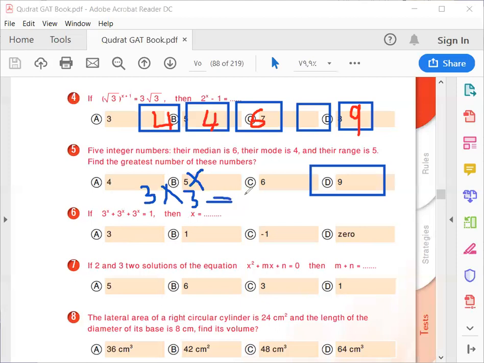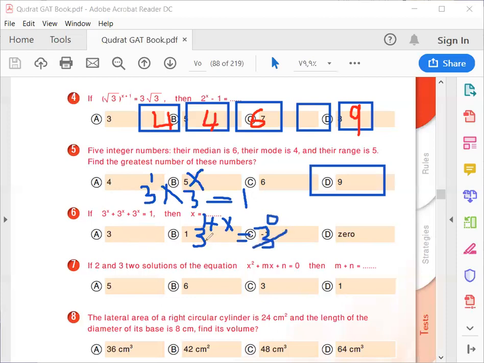So equal to 1. What about it now? 3 to the power 1 times 3 to the power x is 3 to the power 1 plus x, right? Equals 1, which is 3 to the power 0.